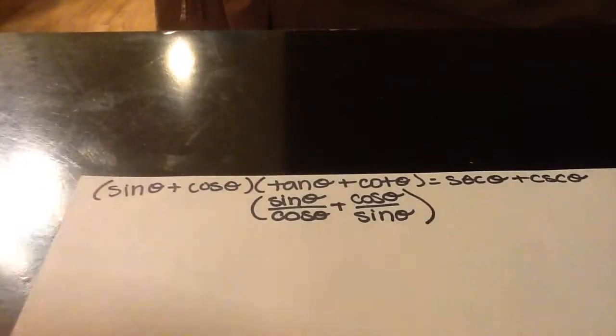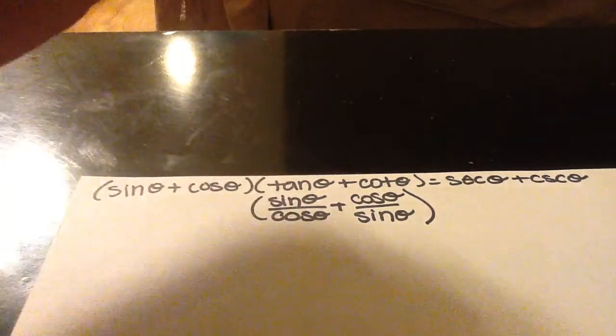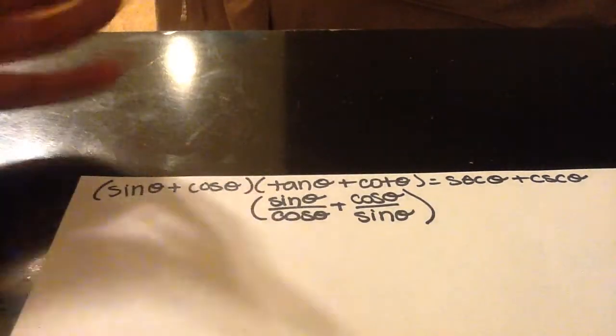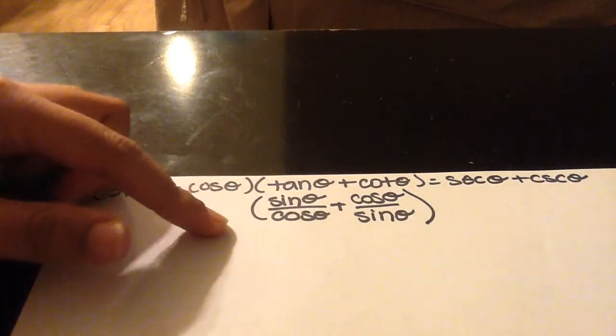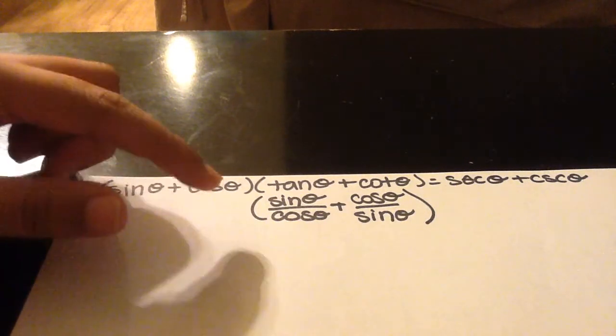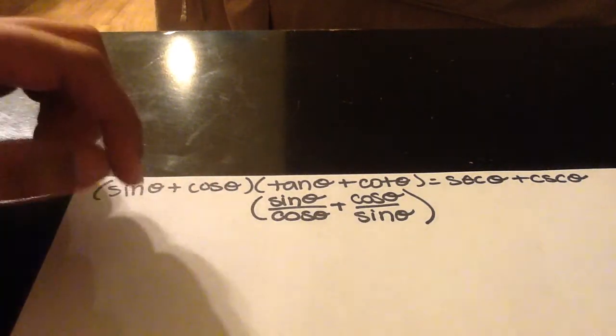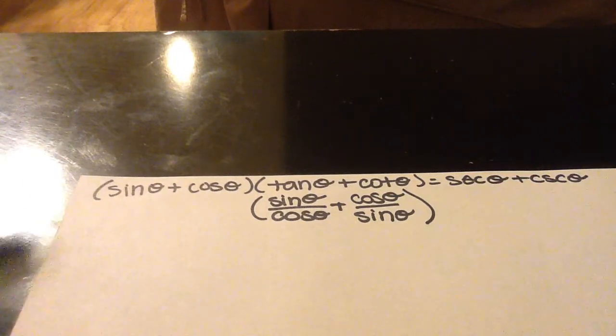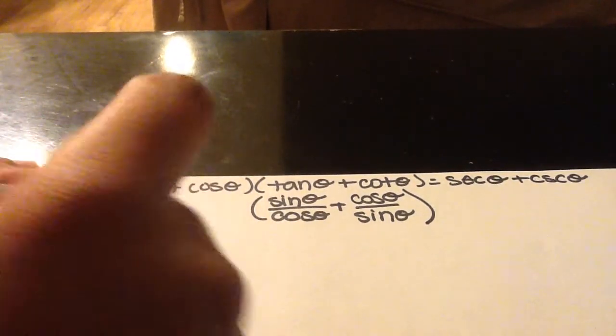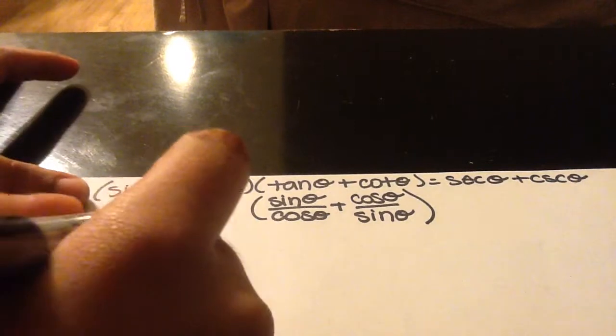So right here we're at sin θ over cos θ plus cos θ over sin θ. This looks like a fraction, so we should find the LCD, the least common denominator, and combine the terms. The least common denominator would be sine and cosine.